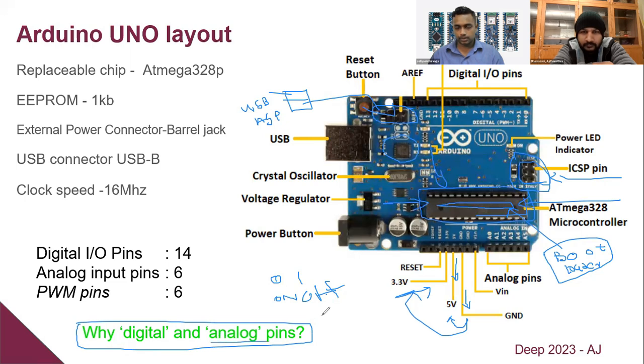Digital pins only output 0 and 1. If you use analog ones, it can output waveforms with values like 0.2, 0.3, and so on.